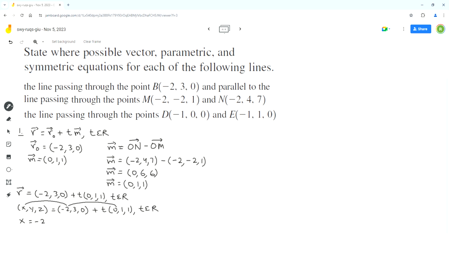T times 0 is 0, so we can ignore the 0 term. So the x equation is x equals -2. Now we can write the y equation using the y components. 1 times t is t. And next we can write the z equation using the z components.